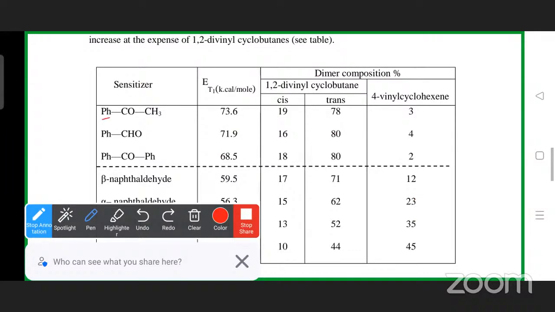If it is acetophenone, its triplet energy is about 73.6 kilocalorie per mole.